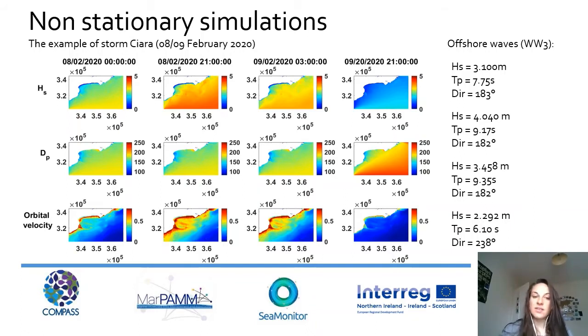You start the simulation a bit before the storm started to have a better calibration of the model, and then you end the simulation basically when you want. But the longer the simulation is, the longer the calculation time.